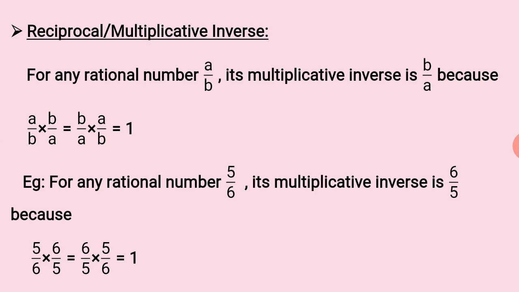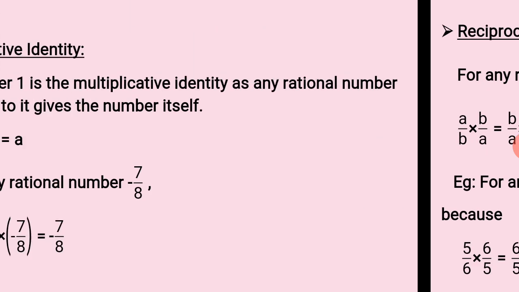So a upon b multiplied by b upon a will give you 1 as the answer. One example is shown here. You can just go through the example. It's very easy. So 5 by 6 and 6 by 5 are the multiplicative inverse of each other.